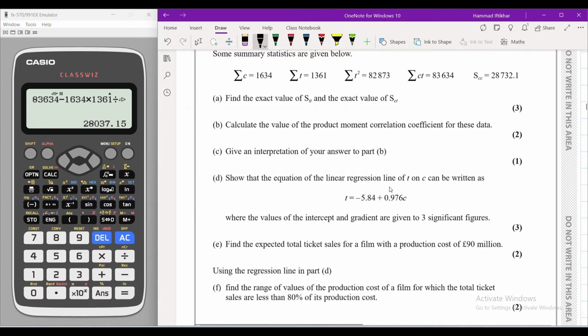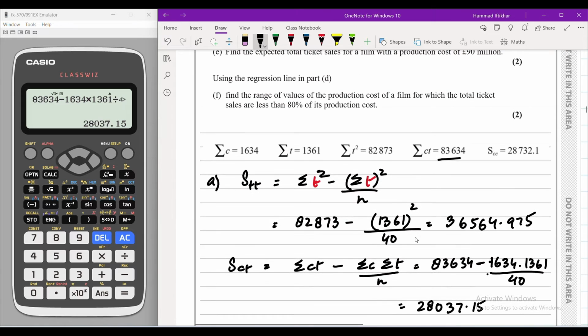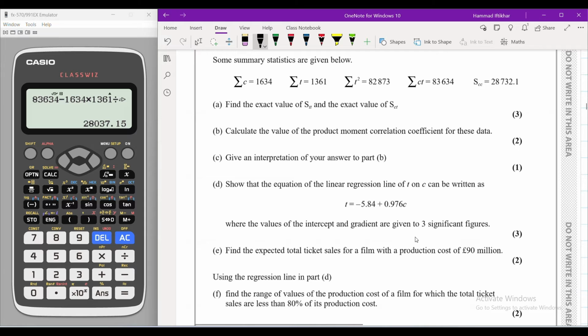Calculate the value of the product moment correlation coefficient for the data. For the product moment correlation, we need SCT divided by the square root of SCC times STT. SCT we have calculated, STT we have calculated, and SCC they have already given us.